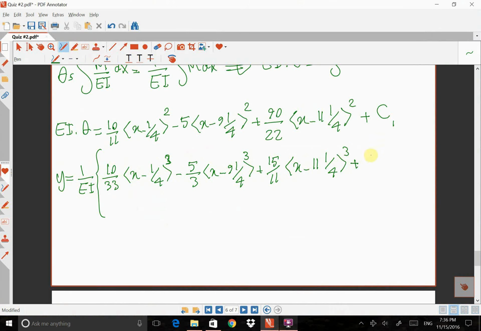The integral of this one will be c1 times x. Because we are doing an indefinite integral, we're going to have a constant like c2. Okay, so this is the equation for y.